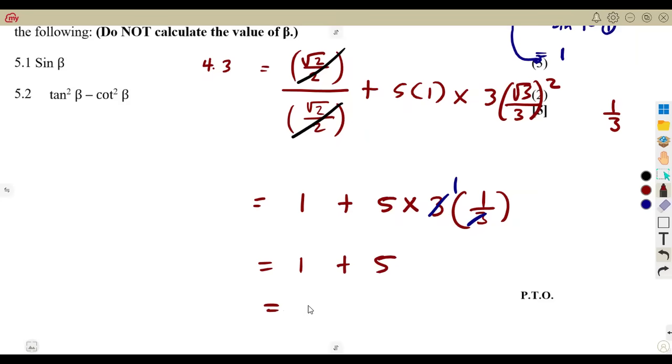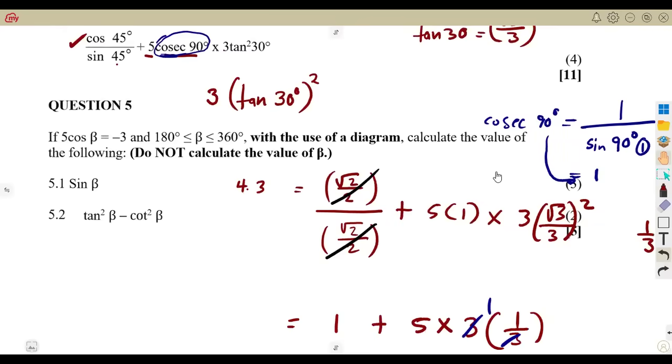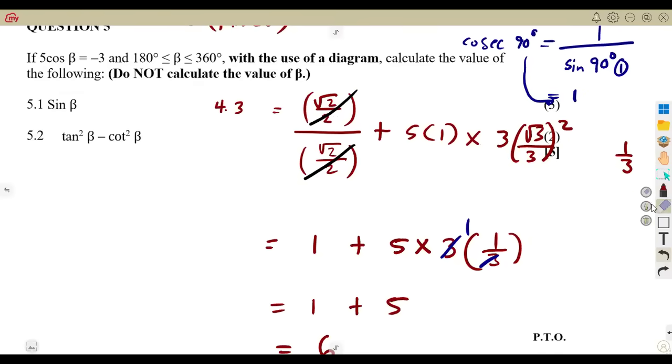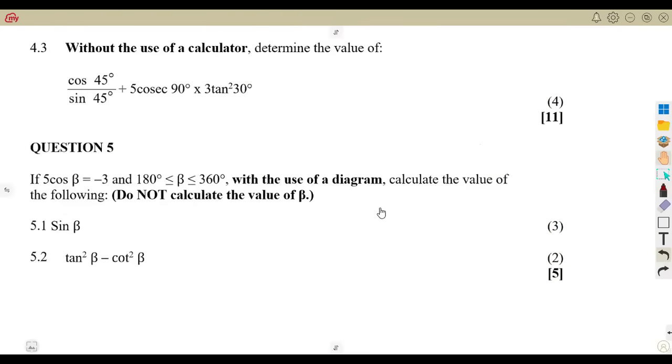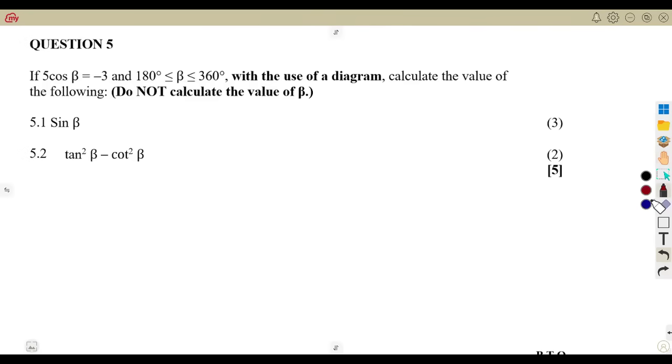And 1 plus 5 gives us a 6. So this is what you're going to have from this one. You can simplify this stage by stage, but like I said, do not use the calculator directly on everything. You can use the calculator stage by stage. Guys, no one is going to understand that you have used a calculator there.